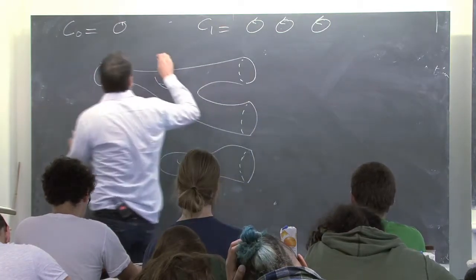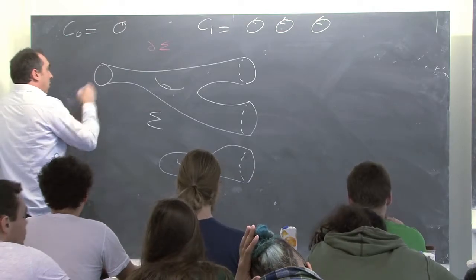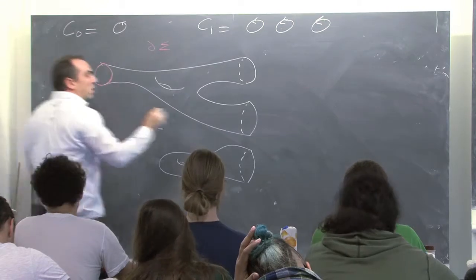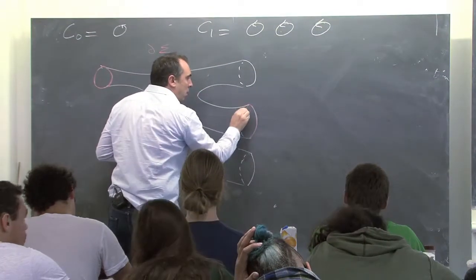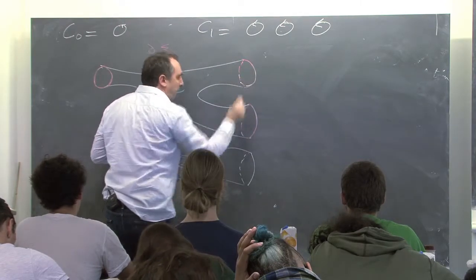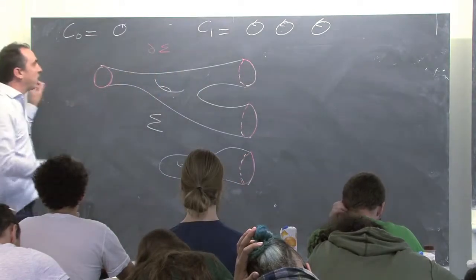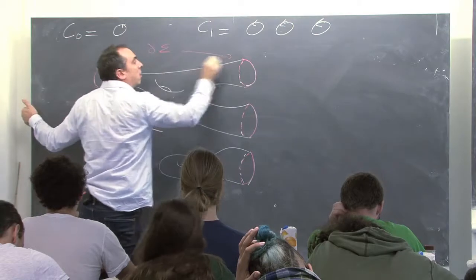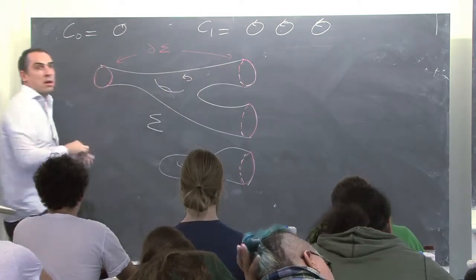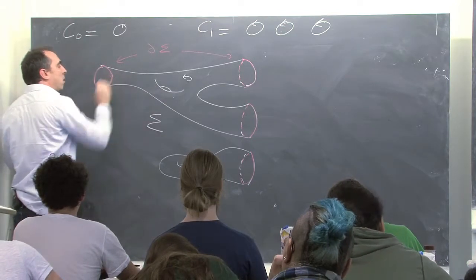The boundary of sigma is this curve. The surface sigma is oriented. The orientation of the surface induces an orientation on its boundary.